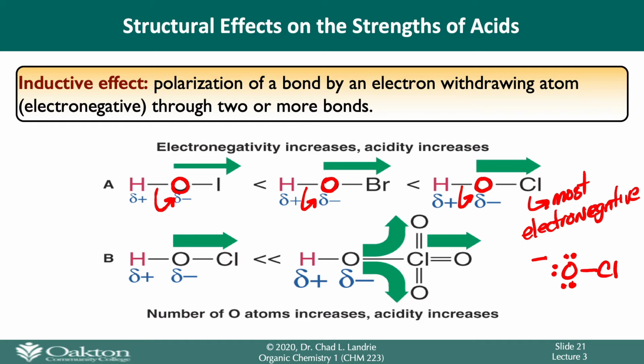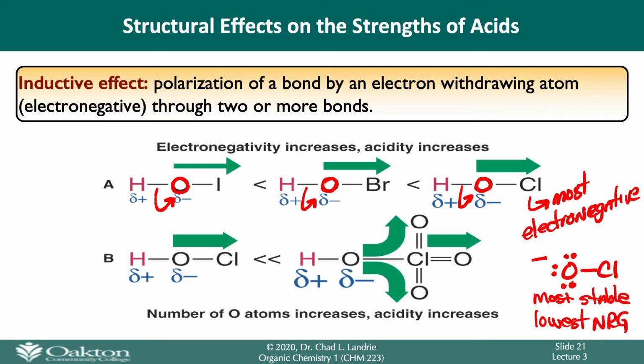And that's a good thing. When distant atoms can pull electron density away from negative atoms, that makes them lower in energy. So I would say that this is the most stable conjugate base in that series in A, and most stable just means lowest in energy.